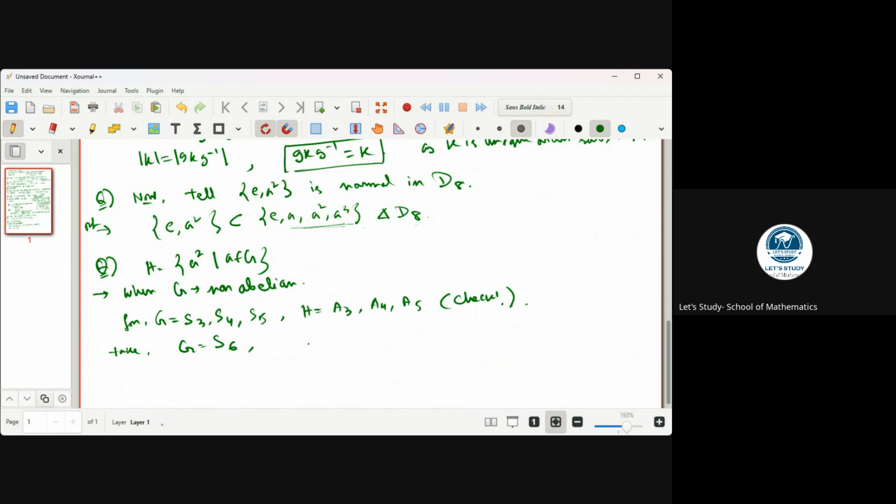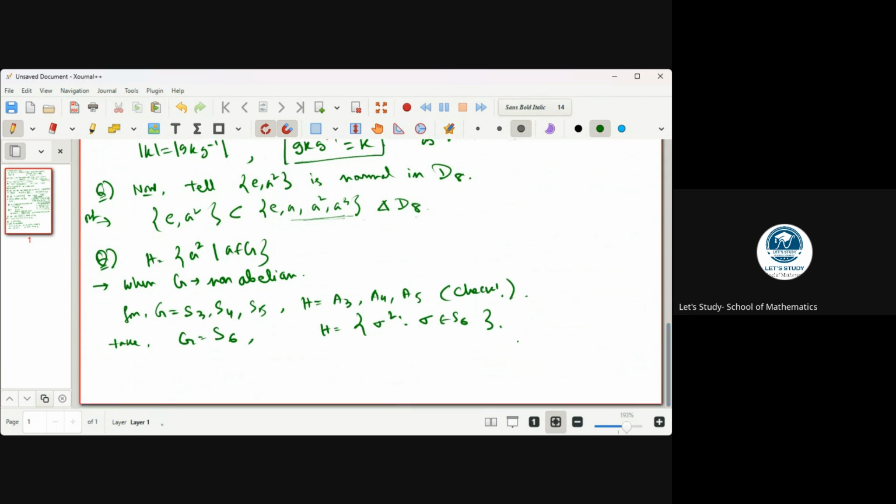Now take G equals S6. Then H equals sigma square such that sigma belongs to S6. Now I am claiming that H is not a subgroup of S6.